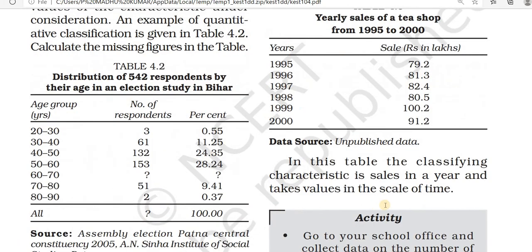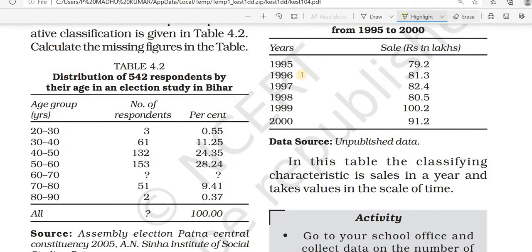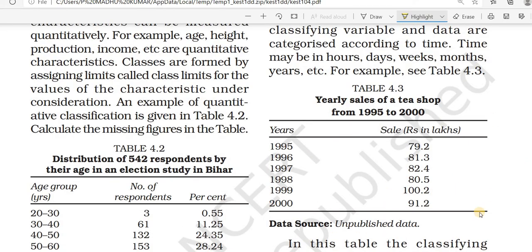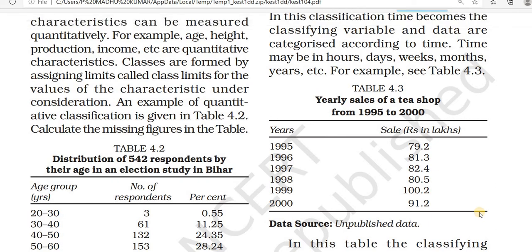In this table, we can see the sales and years. This is on the basis of year, so it is temporal or chronological classification. We know the census is calculated every 10 years, 1951, 61, 1971, in chronological order. That is also temporal classification.